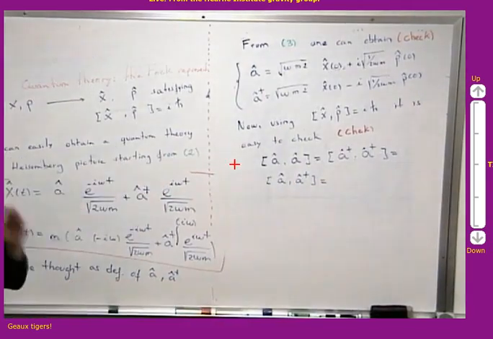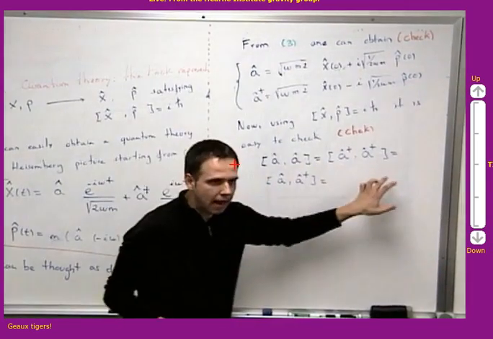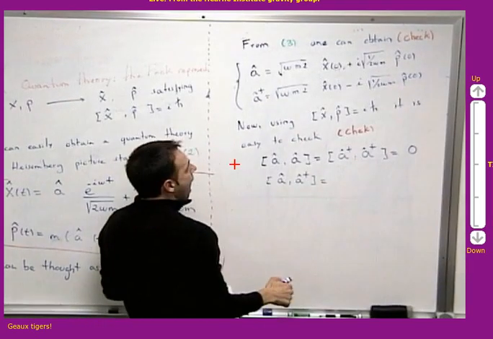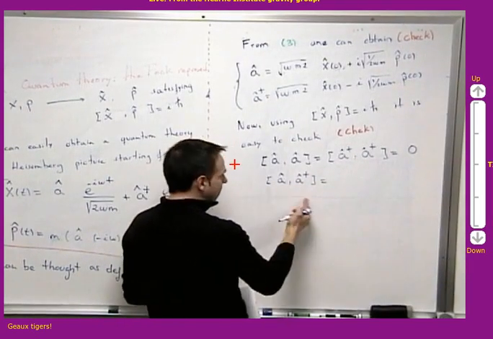Of course, the commutator of A with A, and of A dagger with A dagger, is 0 because the commutator is antisymmetric, so there is nothing to compute here. But the non-trivial one is A with A dagger.